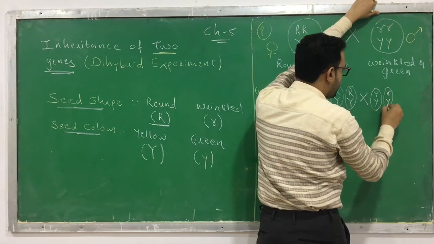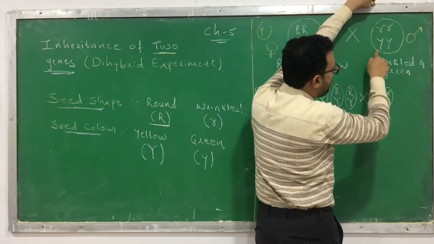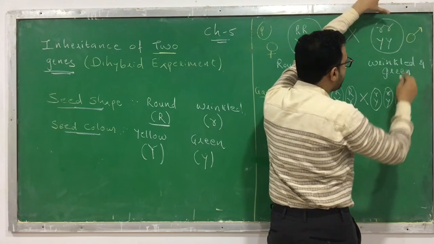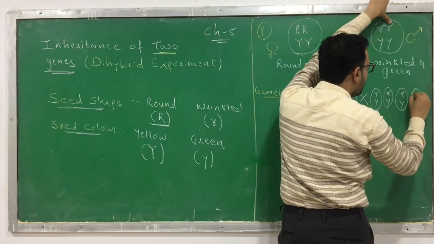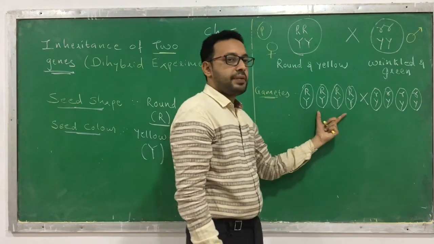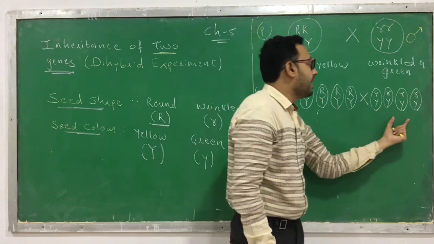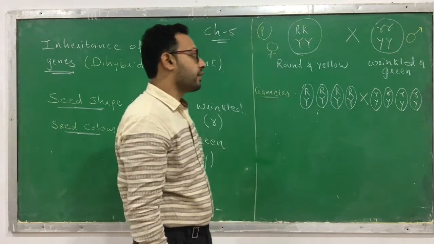Now the third, small r, small y. This is the fourth, small r, small y. So here also four types of gametes are produced. Capital R, capital Y are the gametes of this plant, round and yellow, and small r, small y are the gametes of this plant, wrinkled and green.